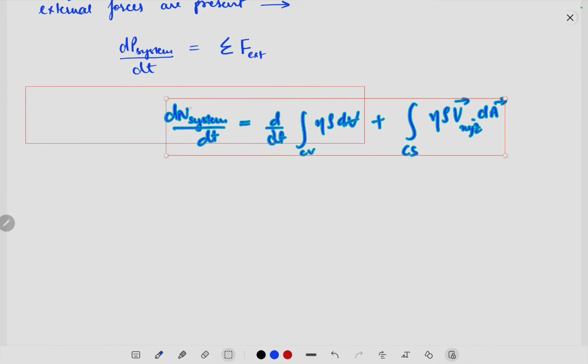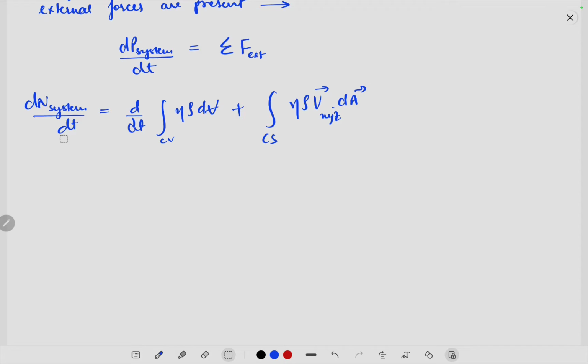So we had this expression from Reynolds transport theorem, right? d by dt of N system equal to d by dt of integral over CV eta rho dV plus integral eta rho v_xyz dot dA vector, where eta was the total extensive property N over mass of the system, and v_xyz was the velocity of fluid crossing the control surface with respect to control volume, right?